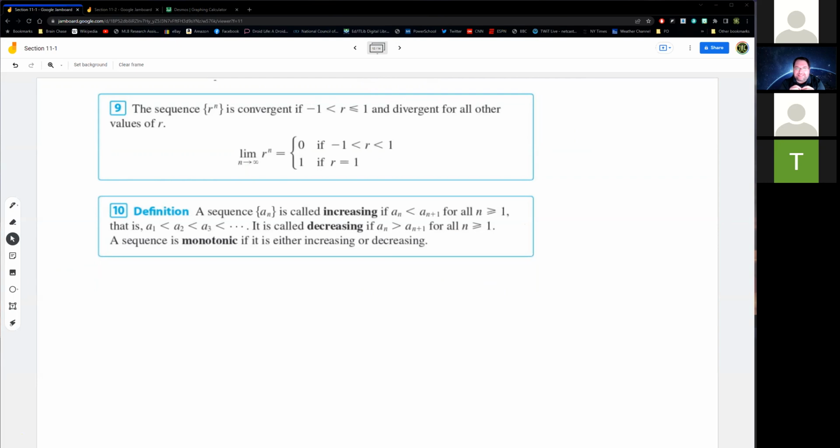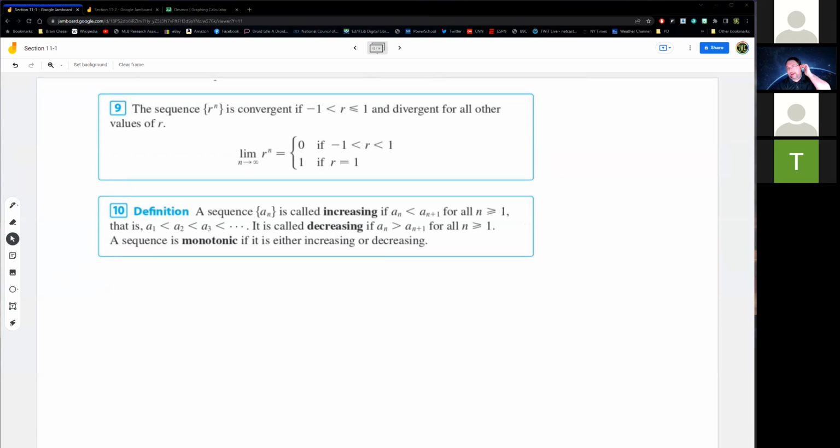They have a very specific case where it converges and diverges. So if we know it's going to be a geometric series or a sequence in this format, we know it's going to converge if the R is between -1 and 1. And we know it's going to diverge if it's outside that point.